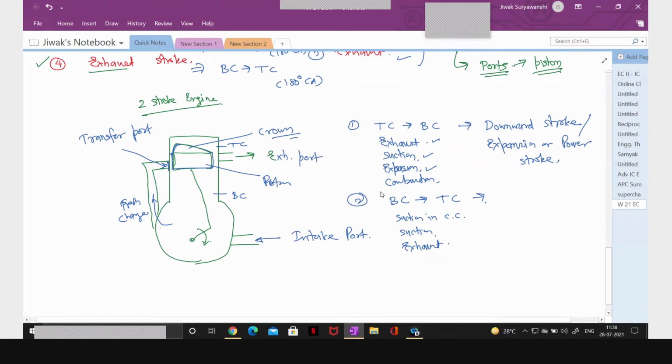Then it covers the exhaust port also, so no more flow of gases from the cylinder to the atmosphere. Further movement of the piston leads to compression of the charge. So this is the compression stroke, therefore known as the upward stroke or compression stroke.